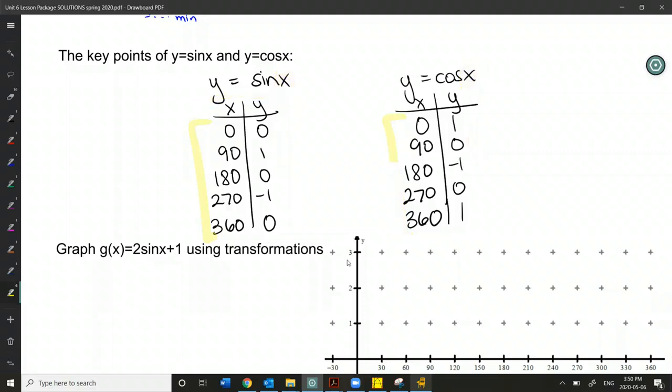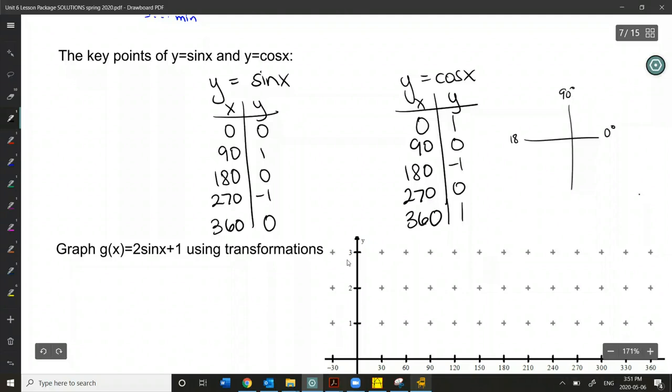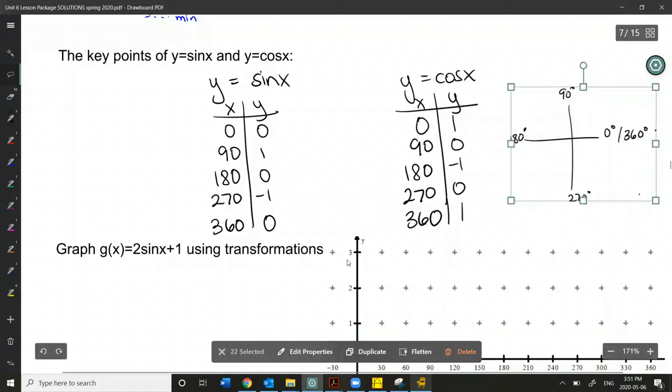And you guys really already have these 0, 90, 180, 270, 360 kind of memorized. They're the values that are on each of the outsides of our coordinate grid when we did our trig geometry work. So if I just remember those, I go by 90s. That's all I really need in order to generate this set of points.